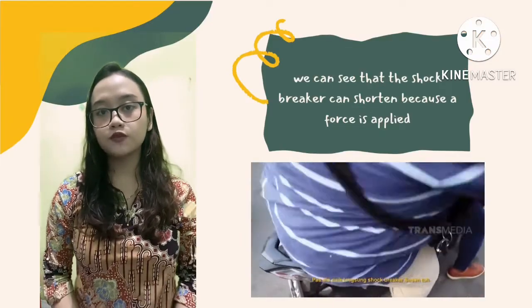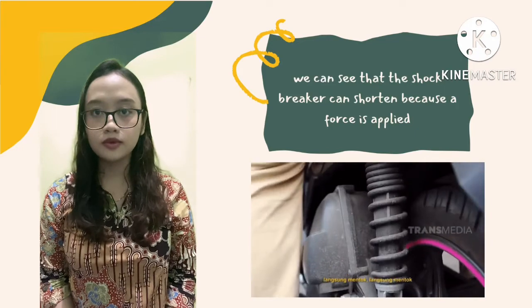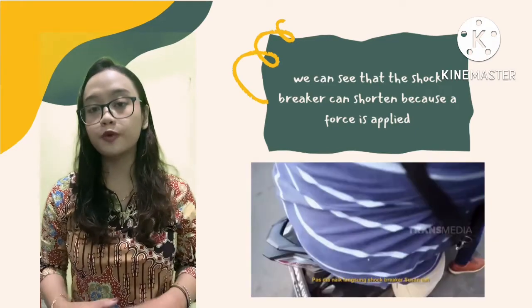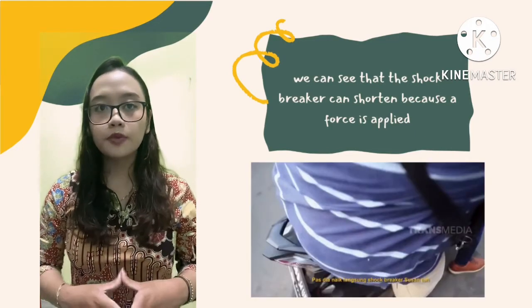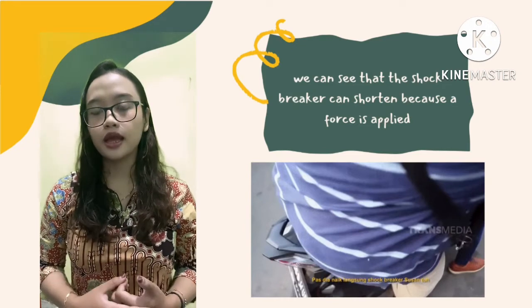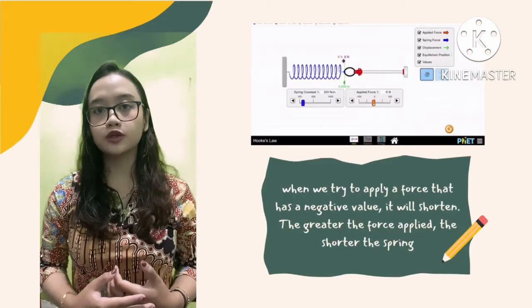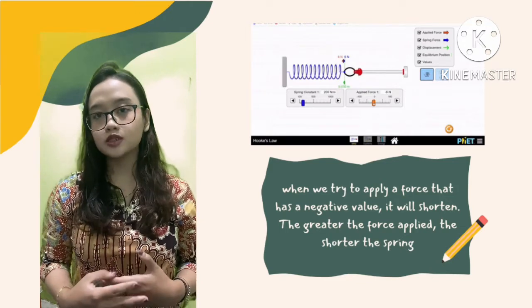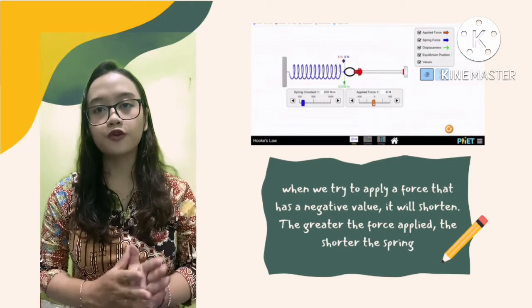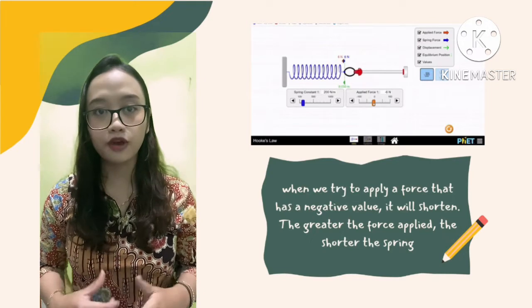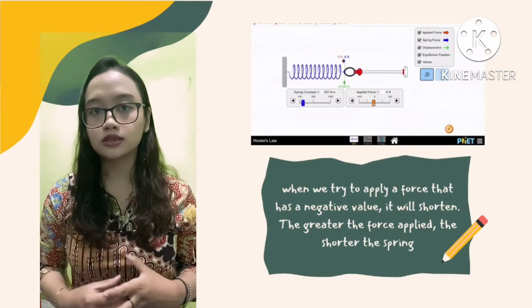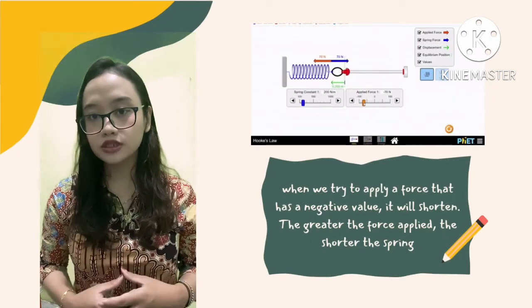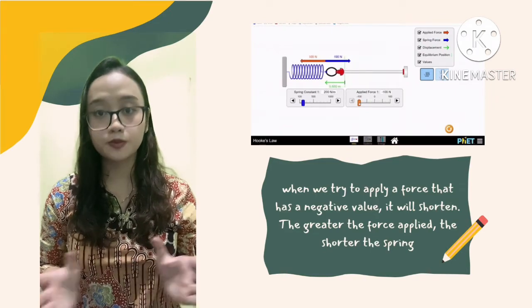If it's connected with the above phenomenon, we can see that the shock breaker can be shortened because a force is applied, as in the PhET Colorado practicum, or experiment. When we try to apply a force that has a negative value, it will shorten. The greater the force applied, the shorter the spring.